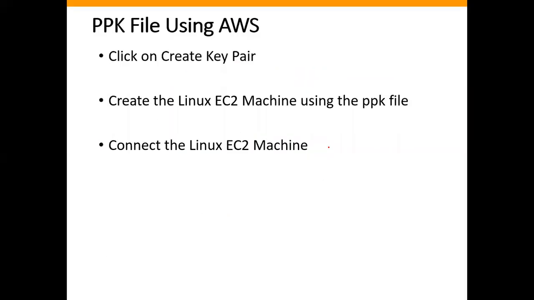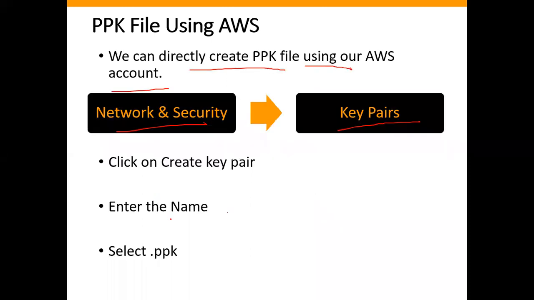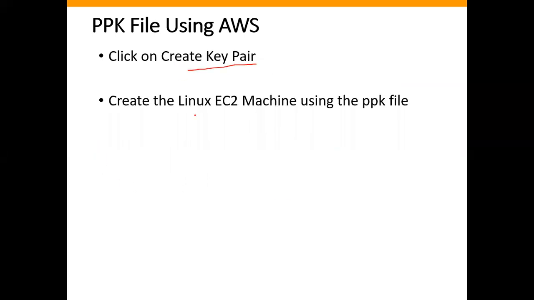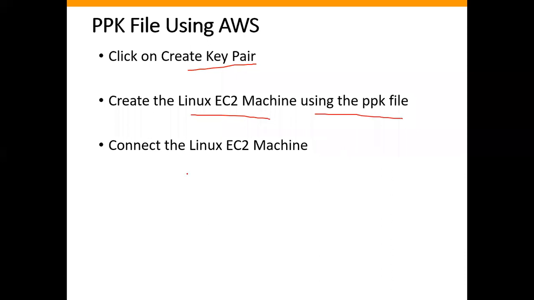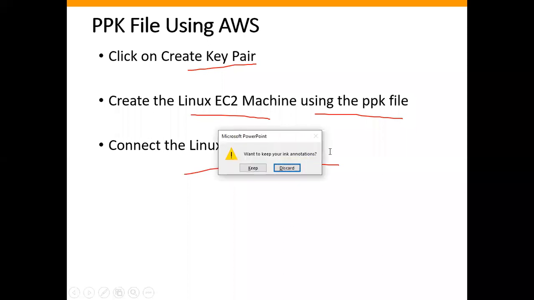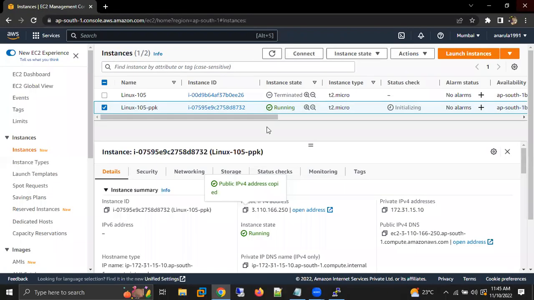Let me come to the PPT. Enter the name, select PPK, create key pair, create a Linux machine using that PPK file, and then connect to our machine. These are the steps we have. Now, do I require this machine anymore?